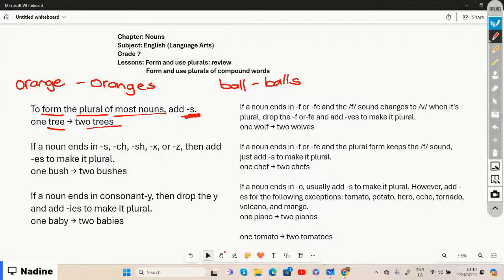So also when it comes to plural nouns, if a noun ends in, for example, s, ch, sh, x, or z, so if a noun ends in any one of those letters, we have to add es to make it plural.